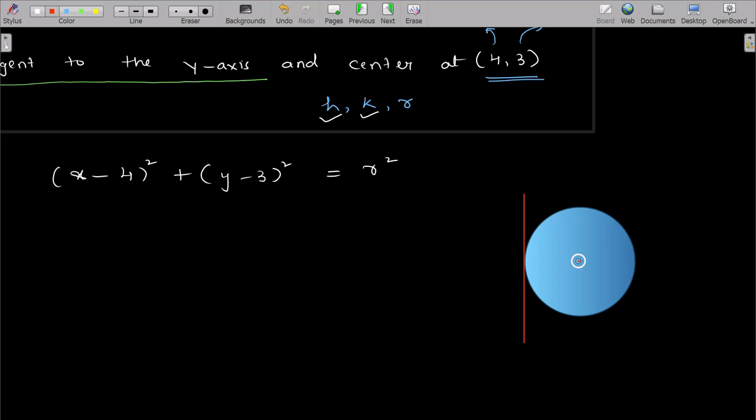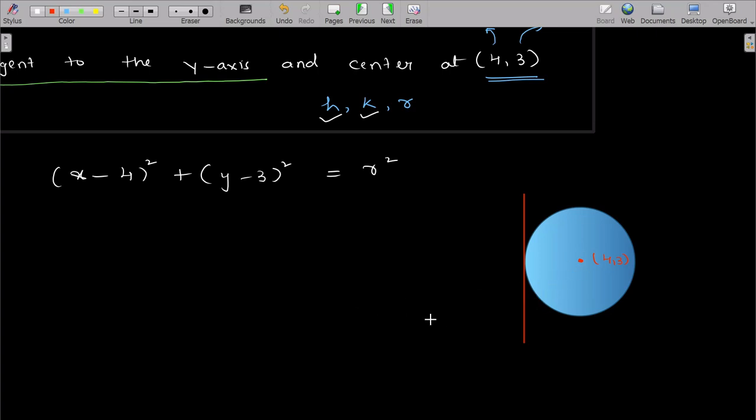So this is the center, Anika. What are the coordinates of the center? 4, 3. So what does this mean? That this center point is 4 units away from the origin, towards the right hand side, and it is 3 units up from the x-axis, right?